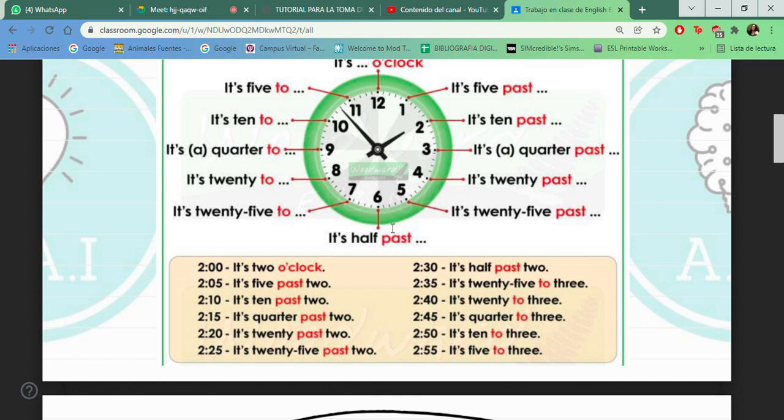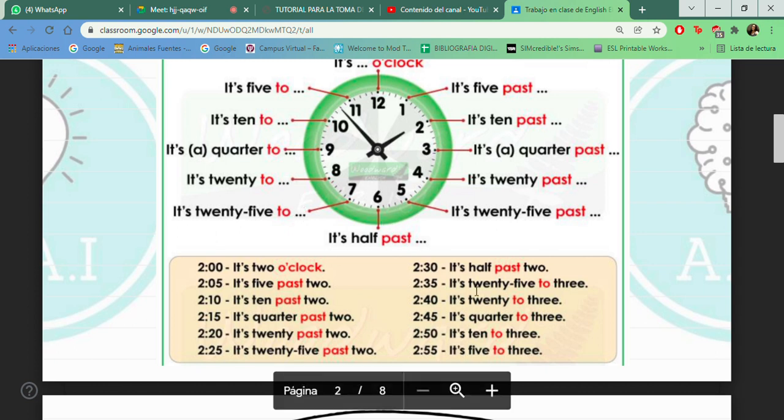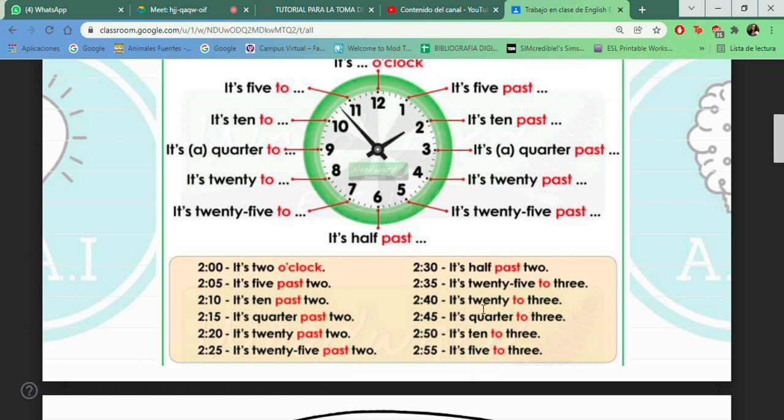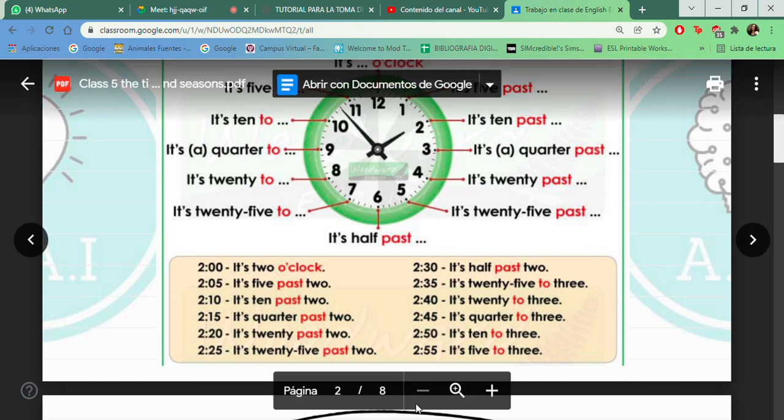So in this case, will be it's the minutes to and the hour that it's going to be, la hora que va a ser, okay, the time that's going to be. For example, it's 2:45, it's 10:03, it's 5:03, okay. It's the minutes to and the hour.